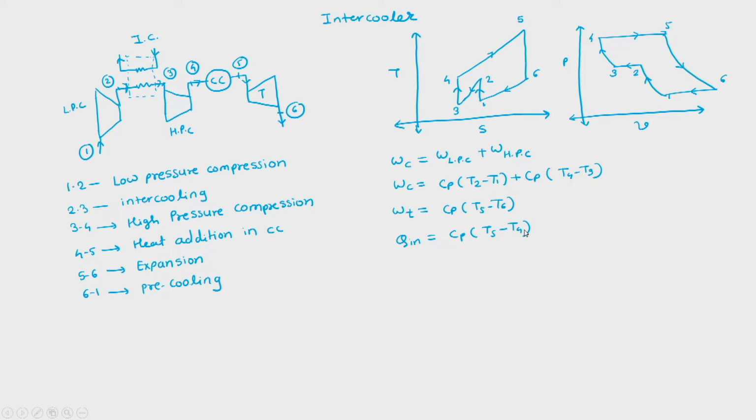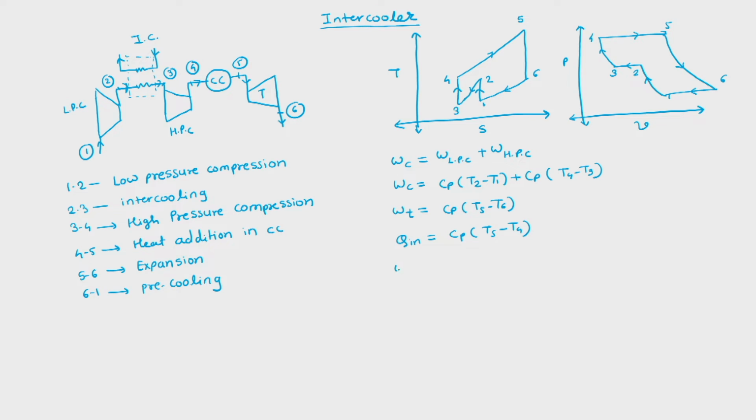So if we are told nothing about intercooler constraints and optimization, then we can go ahead and do the calculation as we can do here. But the job of the intercooler, as I told, is to reduce the compression work. So we have to maximize the reduction.